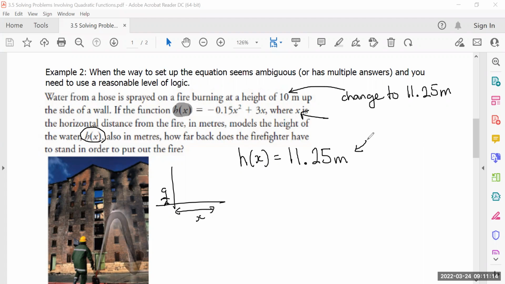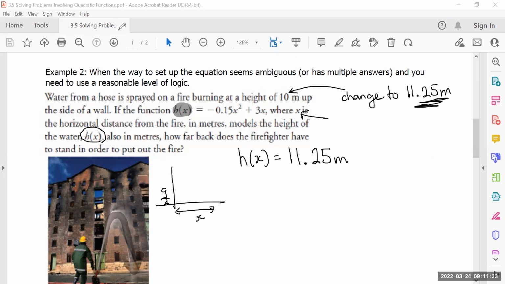This is where the fire is. This is what the water is. We're going to have to assume that they're going to be equal. That sort of makes sense logically, right? But that is something that you have to draw out from the story.